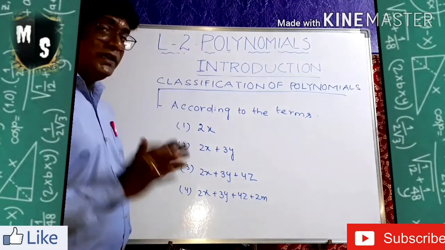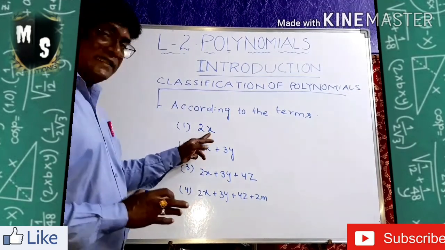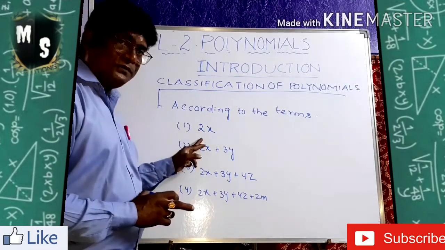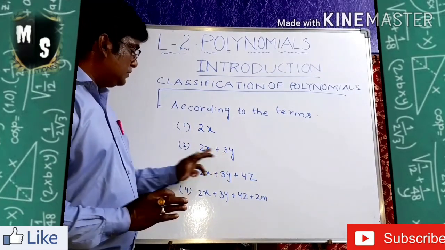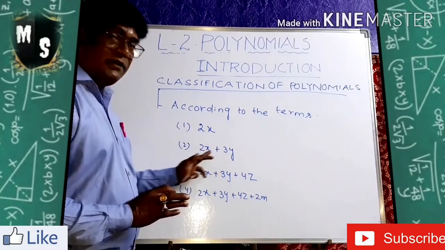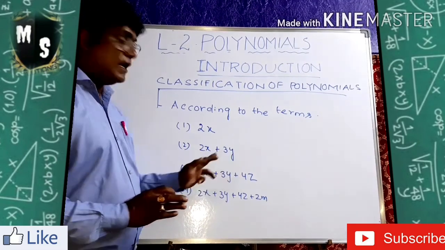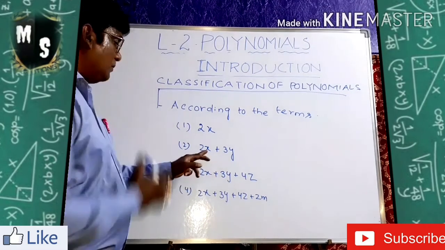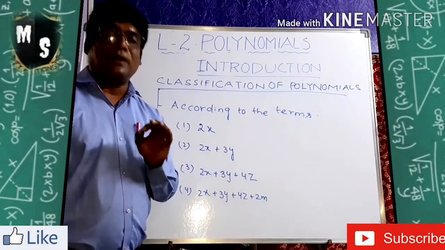Polynomials are algebraic expressions which carry variables and constants. In the first one the variable is x and the constant is 2. Constants mean pure numbers. Here the two things are separated by a plus sign, an algebraic symbol. In the second, the variables are x and y, and 2, 3 are the constants or numbers.